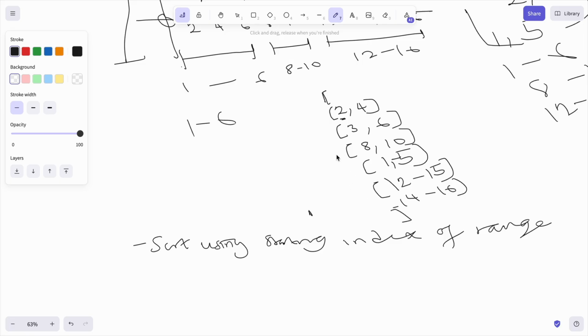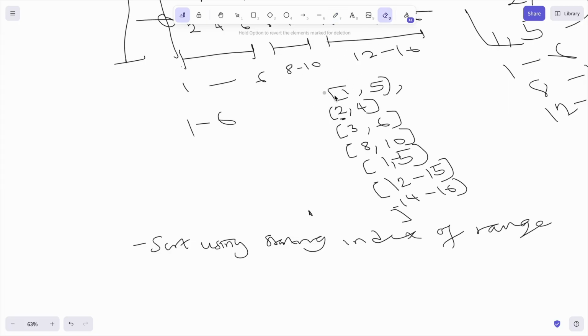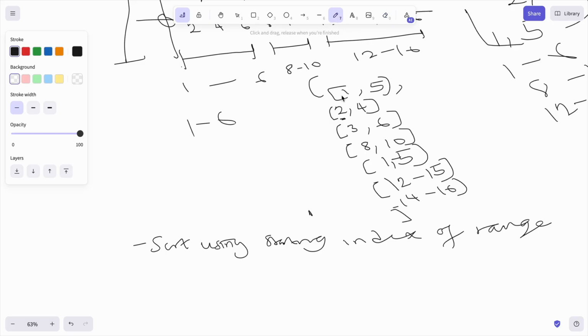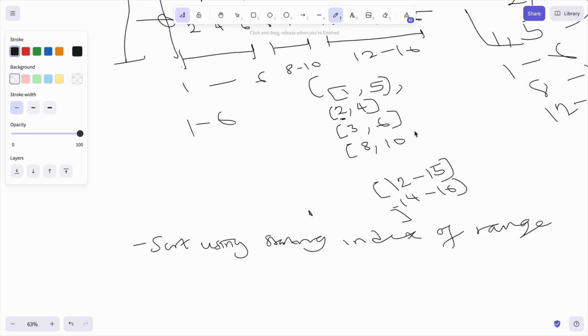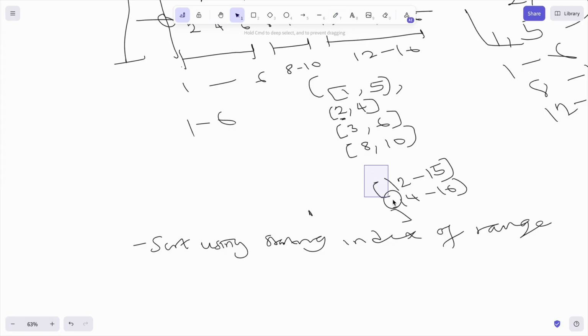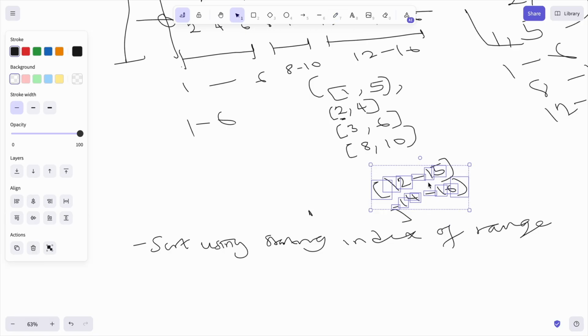Now once we sort using the starting index of range, for this entire input we have 1-5 here. The input is exactly the same, just that now we have 1-5. Then we remove 1-5 from here. So this is now our input after it has been sorted.